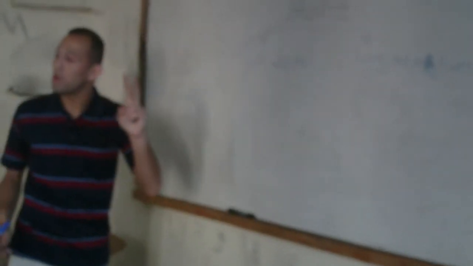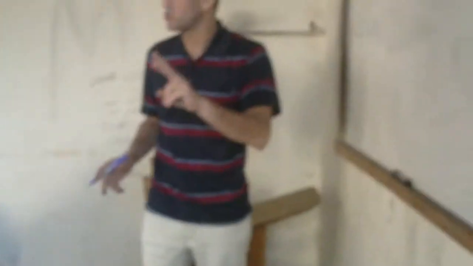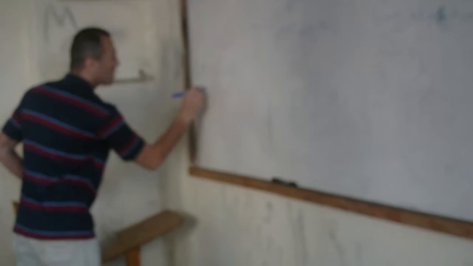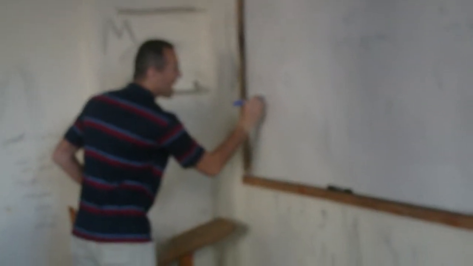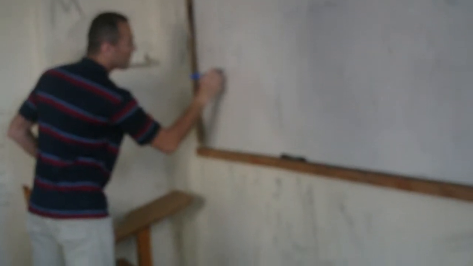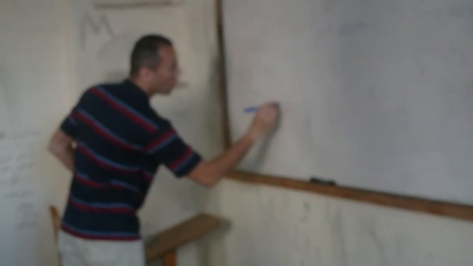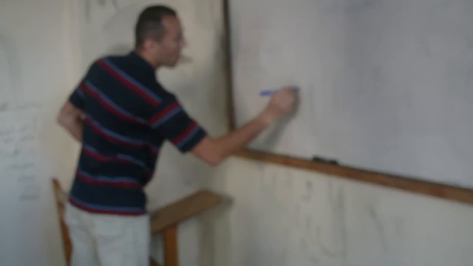So, if you want to compare between two somethings, or between two persons, or between two solid bodies, anything, we will use the grammar rule here. The adjective plus er plus than.